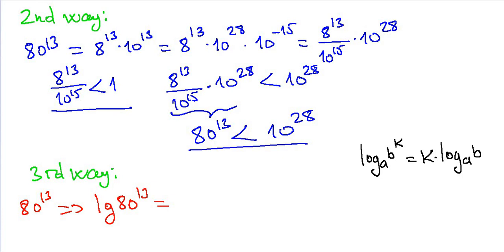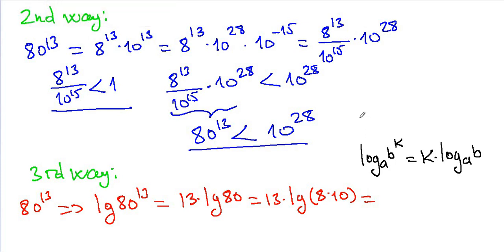So using this formula, now I can express this logarithm as 13 times the logarithm of 80, or this one is equal to 13 times, so I can express this logarithm as the logarithm of 8 times 10, and this is going to be equivalent to, again by using the following formula, so we know that the logarithm of a times b is always equal to the logarithm of a plus the logarithm of b.